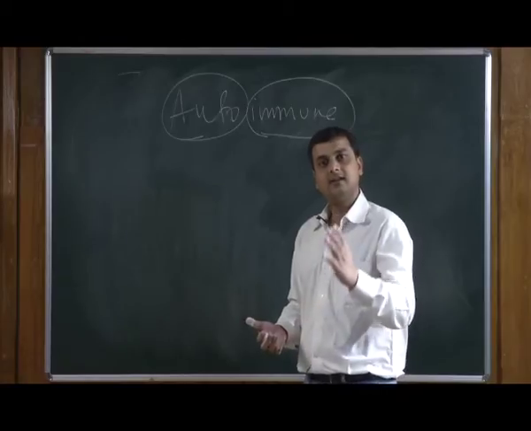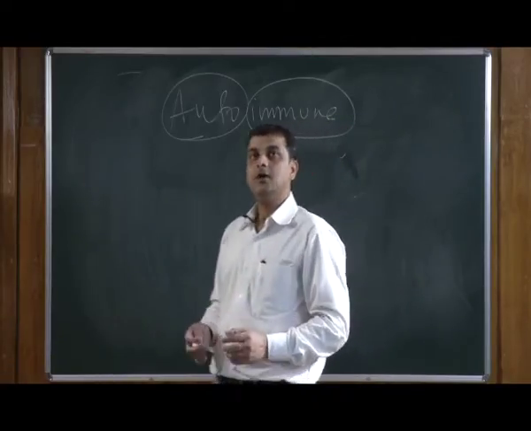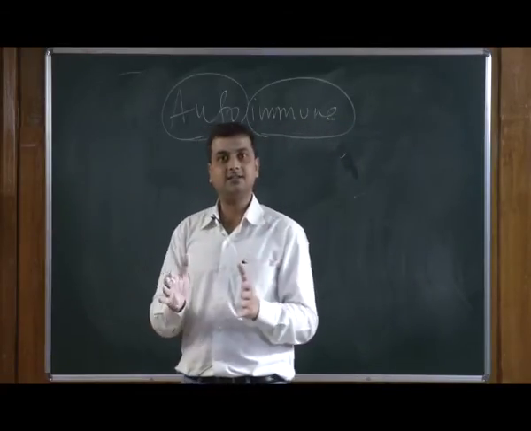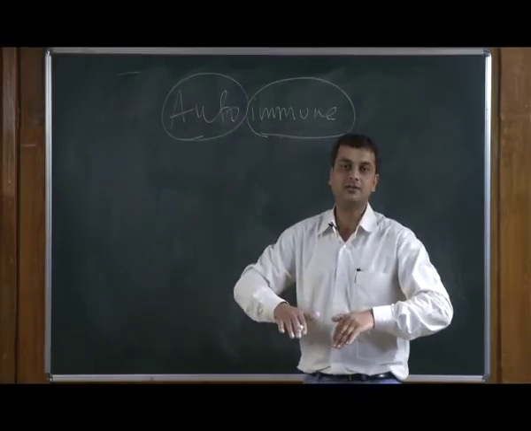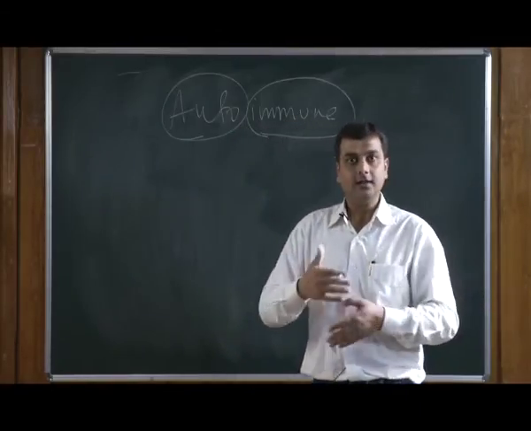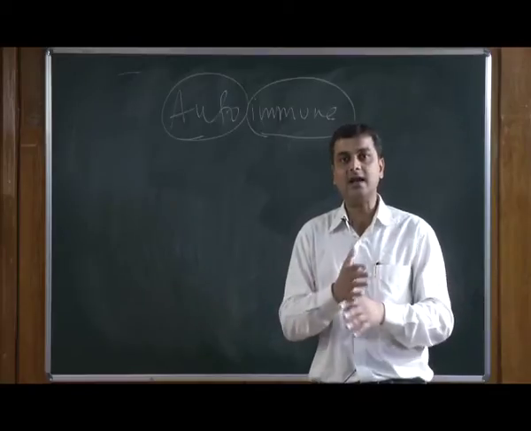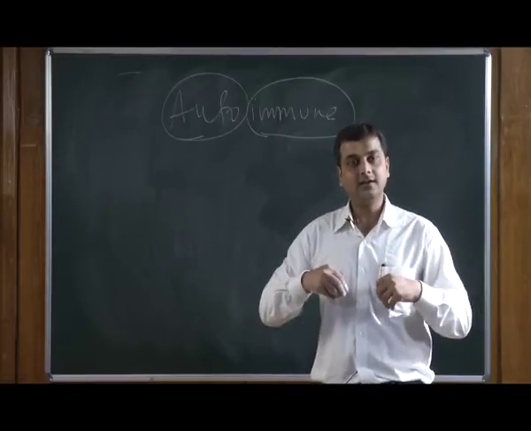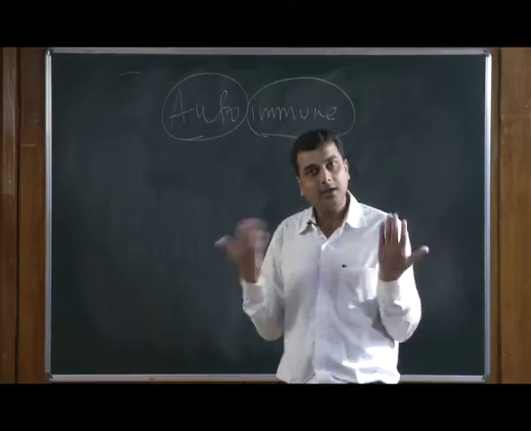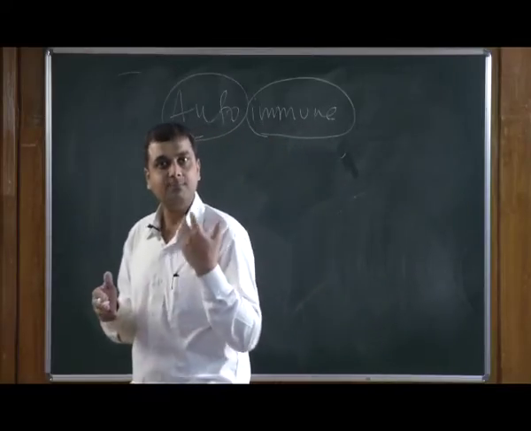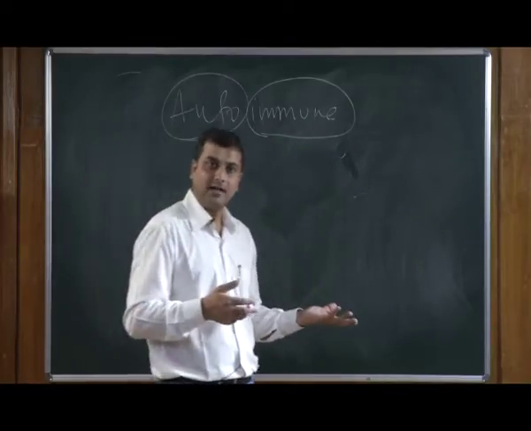Now, just consider a situation where we do not have any virus or bacteria, but our immune response is getting activated. There is no outsider entity that has entered the body, but our body is behaving differently and producing an immune response. What will happen to that immune response?